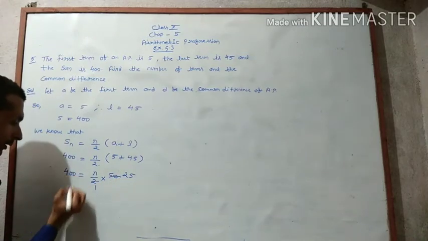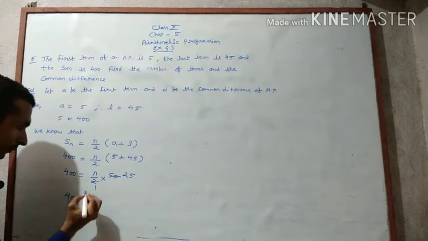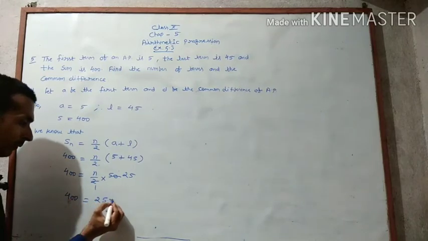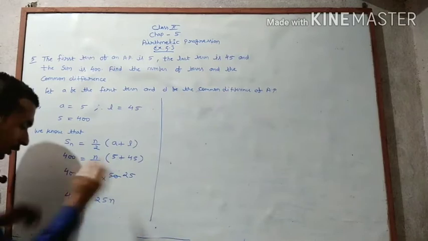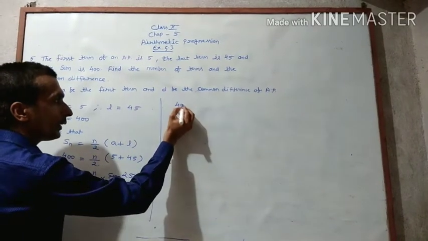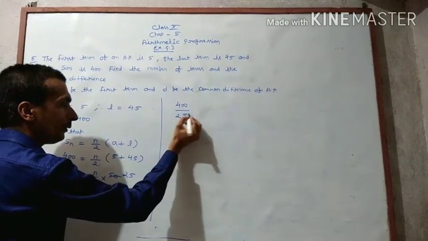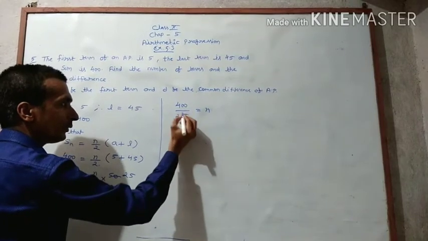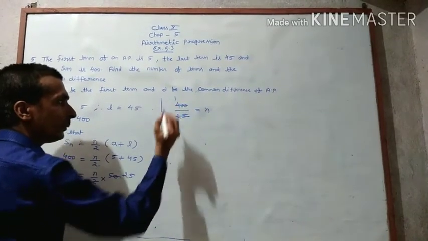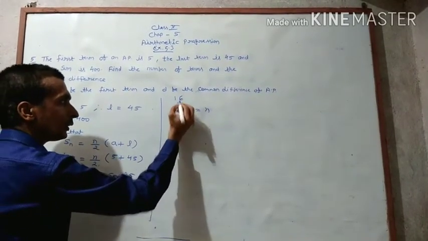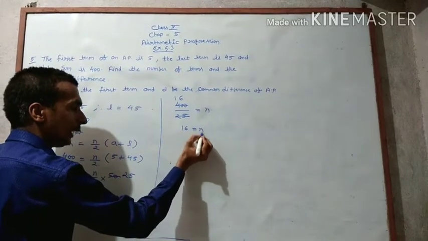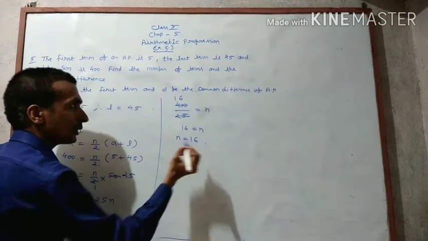So the number comes 25n. So how to write, 400 upon 25 equal to n. 25 16s are 400, so n equal to 16.